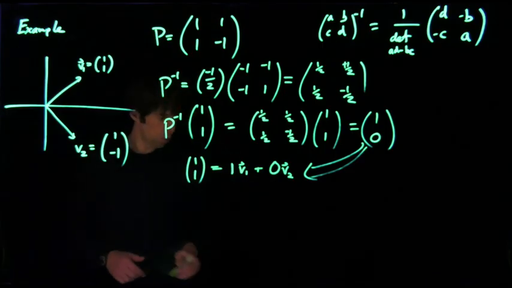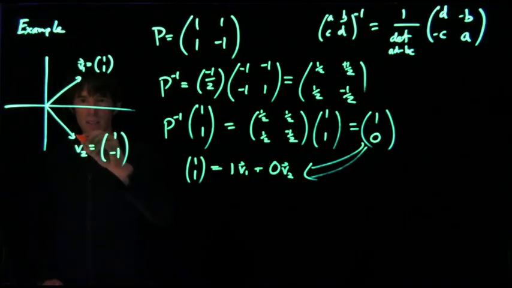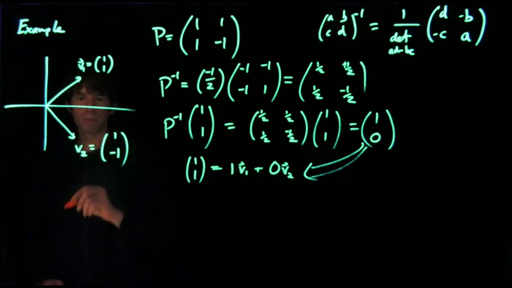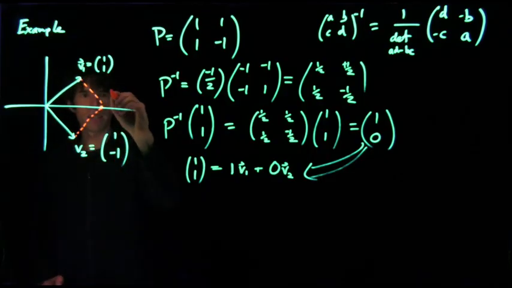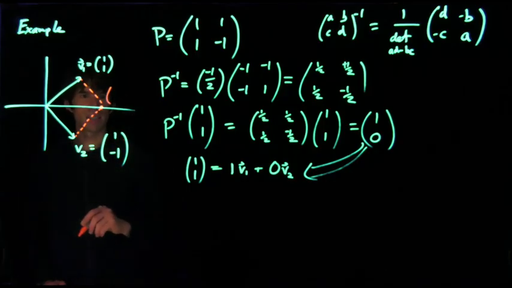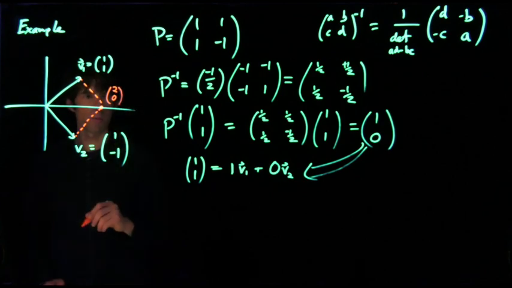And let's just do one more check on this diagram. Let's suppose I take v1 plus v2. So let's take this point here, which has coordinates in the standard basis, which are going to be 2, 0.